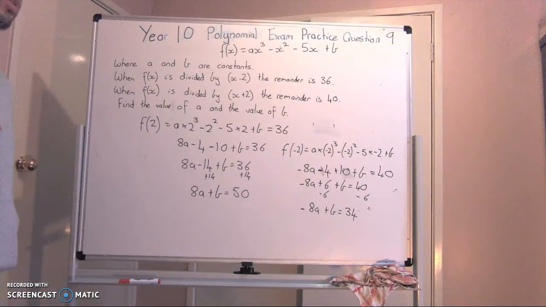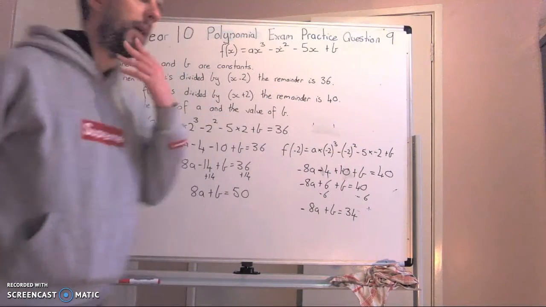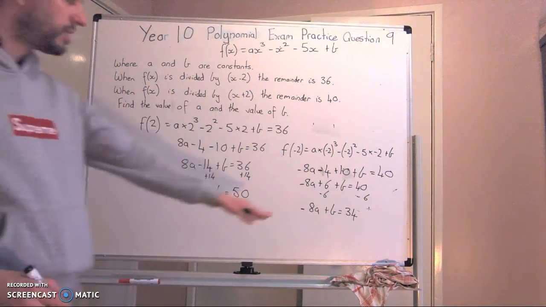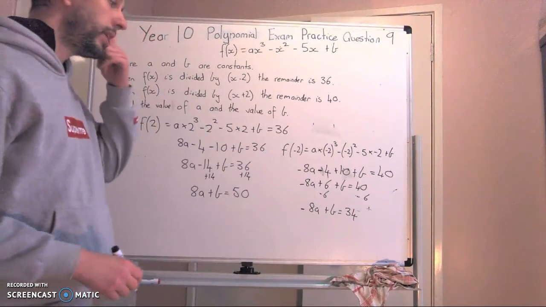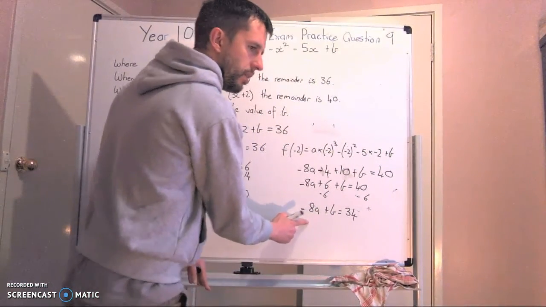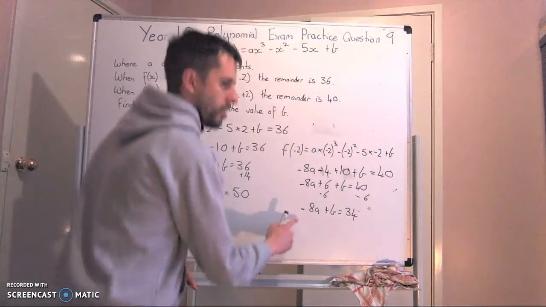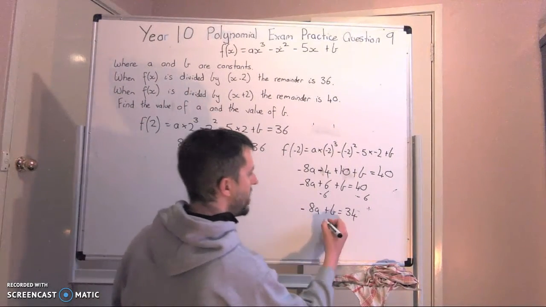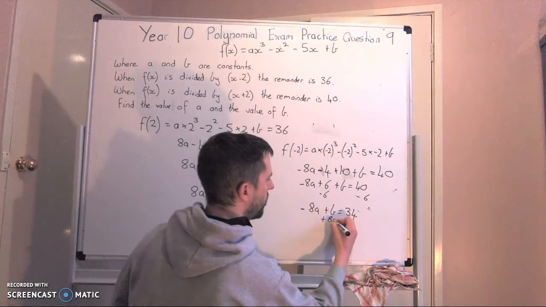So we've got two equations. Now the next thing I always look at is that we want to get one variable by itself and then substitute it in. So in this case, I'll get b by itself over here. This is negative 8a, so the first thing I need to do is add 8a to both sides.